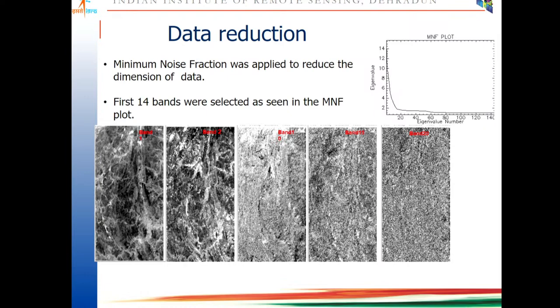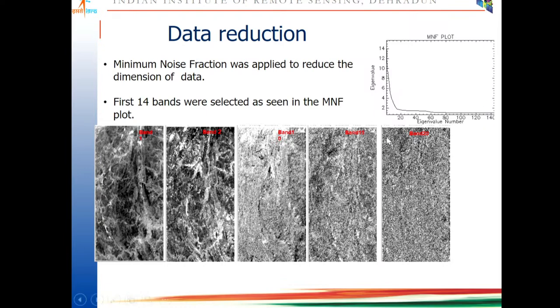The first component will have the maximum variance, highly uncorrelated data, and gradually as you go, the correlation will increase and the data will be noisy. So what do we want to extract the information? Maximum variance and less correlation.